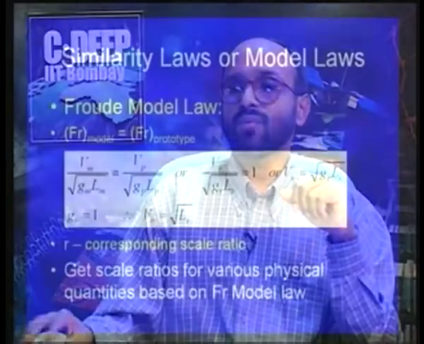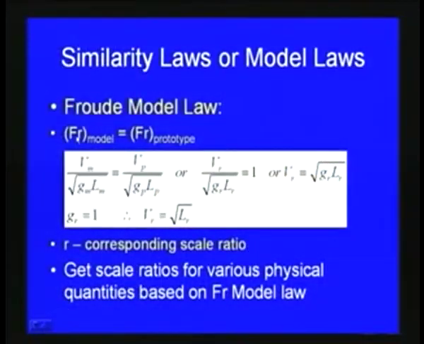As per this law, Froude model is equal to Froude prototype. The Froude number is generally expressed as V by root of g L, where V is the velocity, g is the acceleration due to gravity, and L is the characteristic length. So for the model we write V_m by square root of g_m L_m, which is equal to V_p by square root of g_p L_p for the prototype.